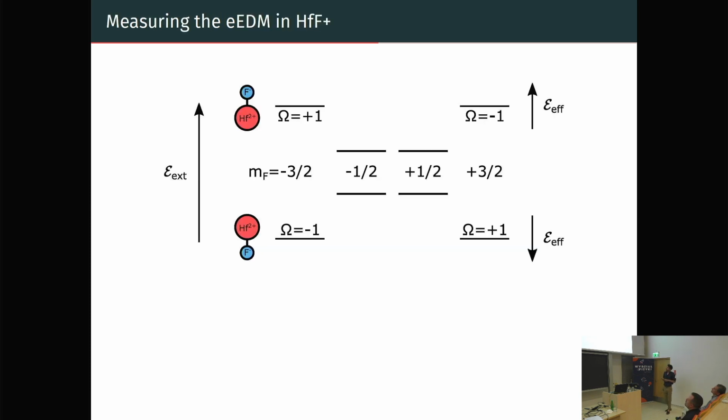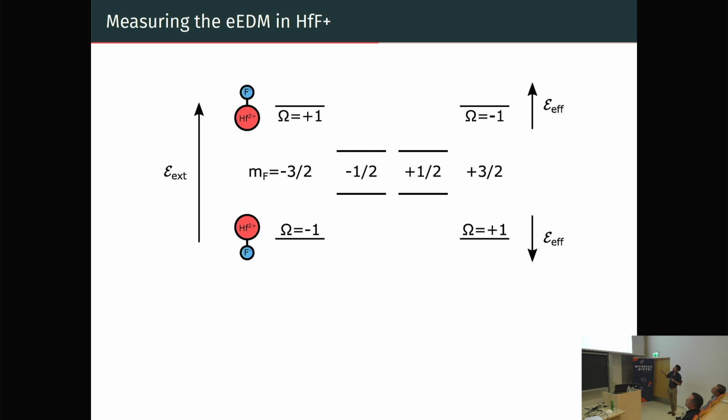So this is what the final state of the molecule looks like in an applied electric field. From left to right, we've got MF, the total angular momentum of the molecule projected onto the electric field axis. And then we're just going to worry about these stretch states. So these 2 top states up here and these 2 bottom states down here. And you can think of these stretch states as being like these little illustrations.